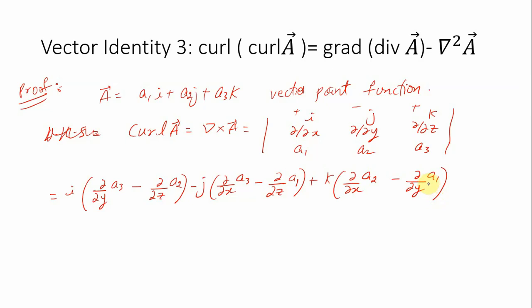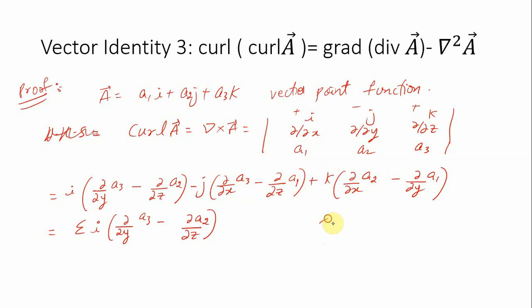Here you can see there is one shortcut way to remember this. I will tell you one shortcut way. This is also written as summation i, dou upon dou y A3 minus dou upon dou z A2. Yes students, this is equal to this thing because this is the sum of all i j k.